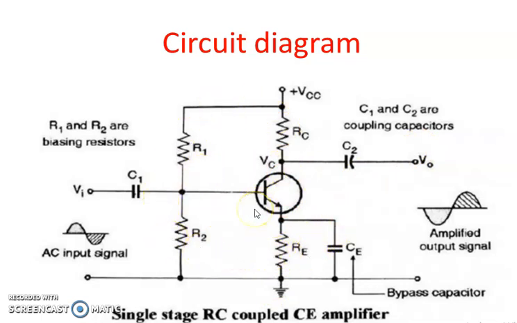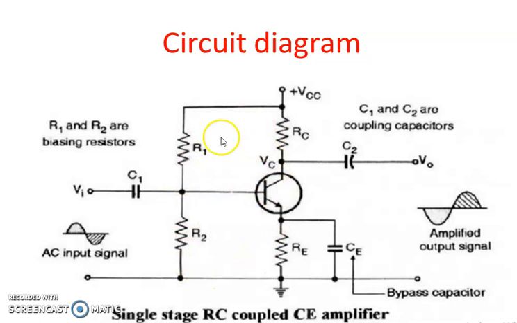Here the amplifier is biased using a voltage divider biasing circuit. This biasing circuit, that is the R1, R2, RC, RE circuit, is known as the voltage divider biasing circuit. The transistor is biased with the supply voltage VCC. We know that the transistor can operate as an amplifier if it is properly biased in the active region.